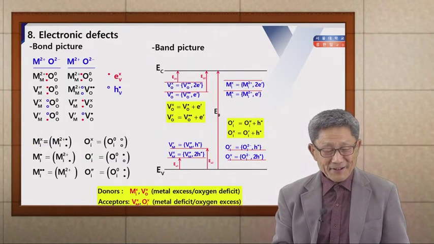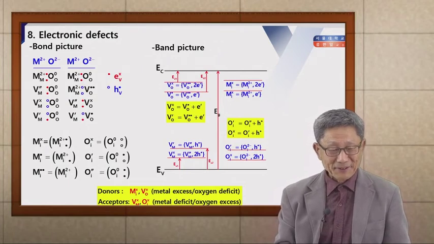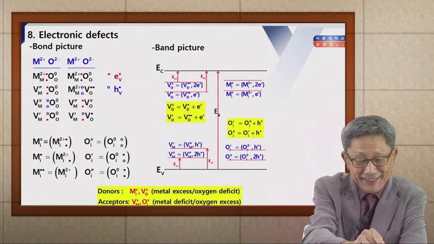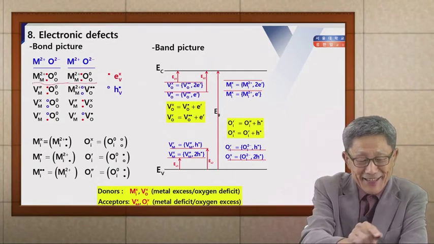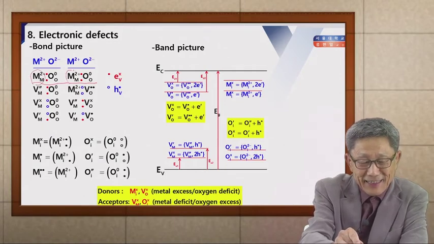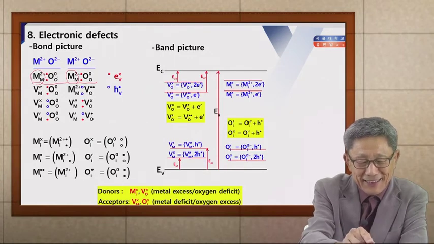So let me summarize what you learned up to this point. In the bond picture, this is the ideal crystal. Have a look. These electrons came from this metal atom. Therefore, the remaining core becomes a divalent cation.